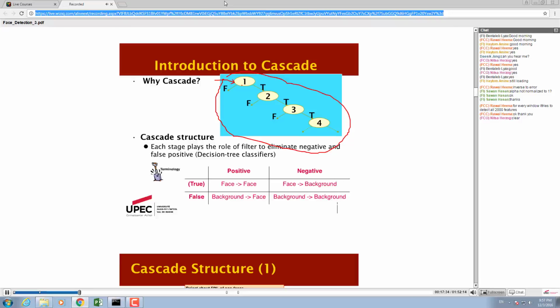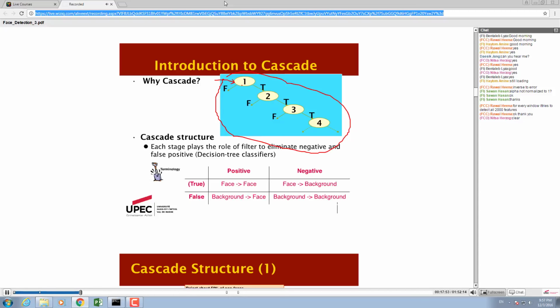In every stage, every stage is regarded as a kind of classifier. By the way, it is not just a weak classifier, and it is not a strong classifier. It is an intermediate level of classifier.